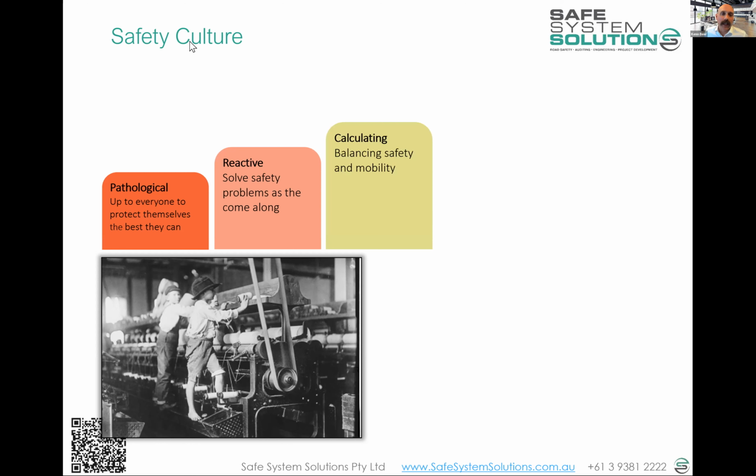And then the economists get on board. They look at the factory and at the amount of payouts to families of killed workers, or the time that the machines are down because they're pulling body parts out of them and re-cleaning them, and all of that sort of stuff.